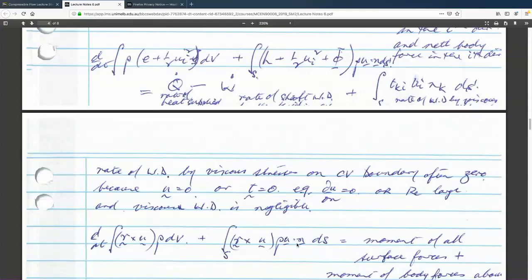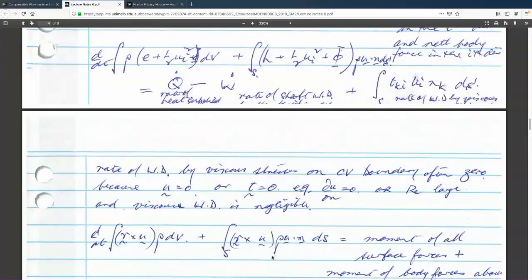Or you've made the assumption that tau is 0, or, if it's viscous, we're in a region where du dx is 0 on the boundary. I showed you that yesterday. Or the Reynolds number is very large and the viscous work done is negligible compared with the pressure work done. So there are the possibilities for ignoring this last term on the right-hand side, and we're going to do that in a minute.